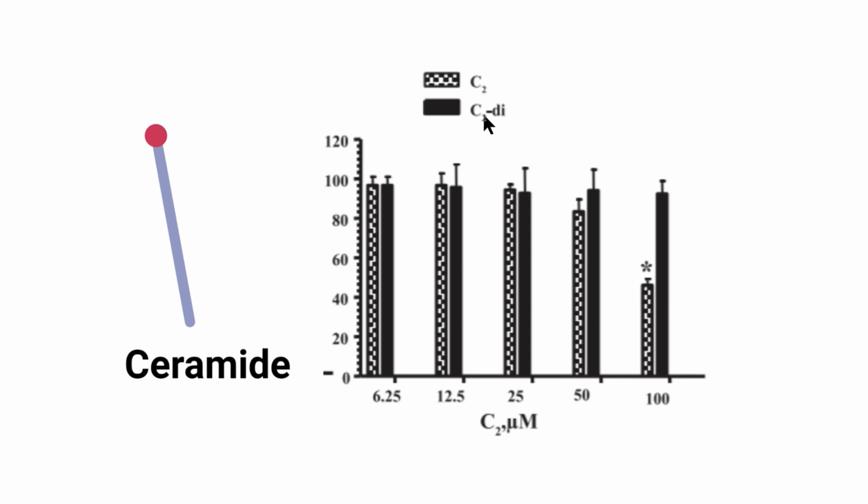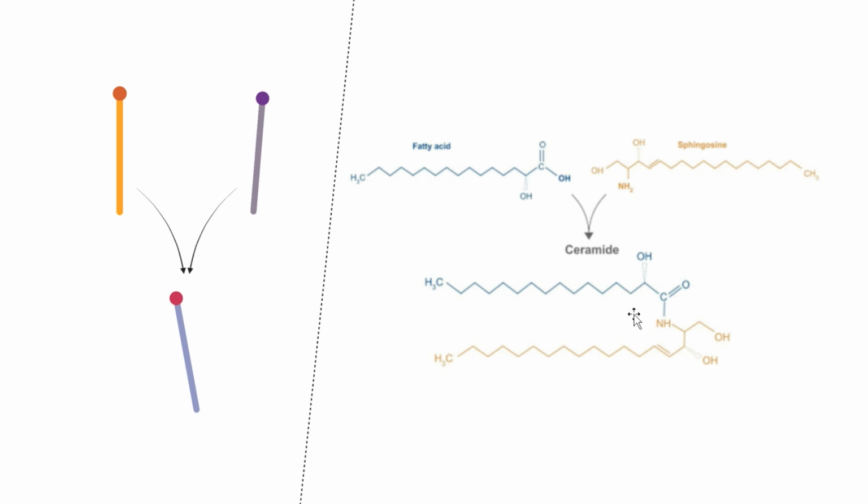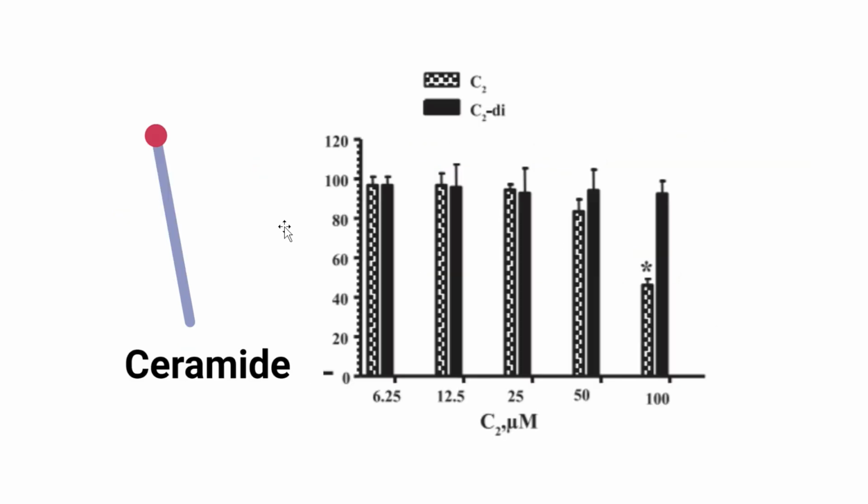Now, just as a control, they added a ceramide mimic, and this ceramide mimic does not have the same metabolic activity that ceramides do. So it looks very similar to this molecular structure right here, but there are some molecular alterations to it that make it less metabolically active. And what we find is that when they add it, there's no effect. And the same was true with the reactive oxygen species.